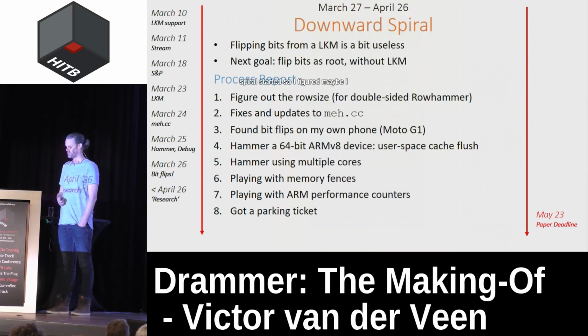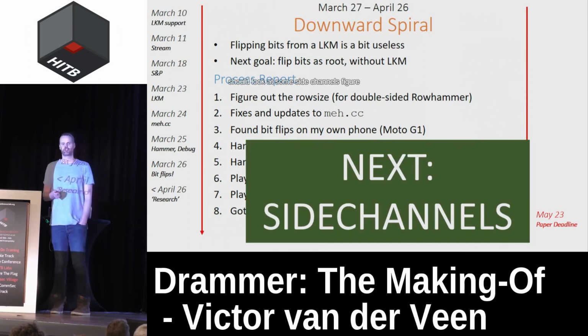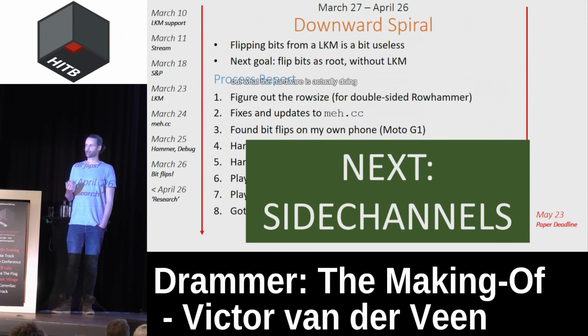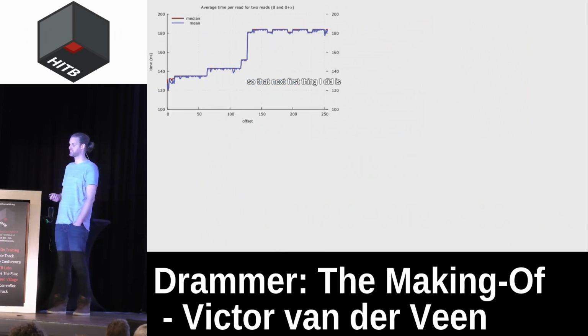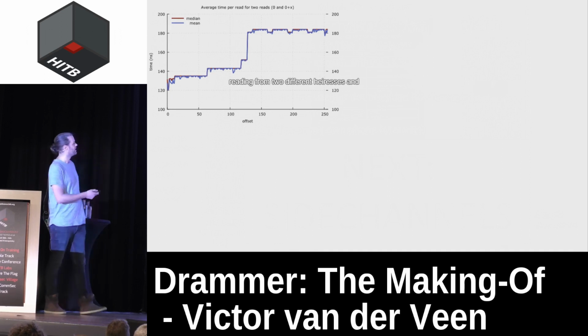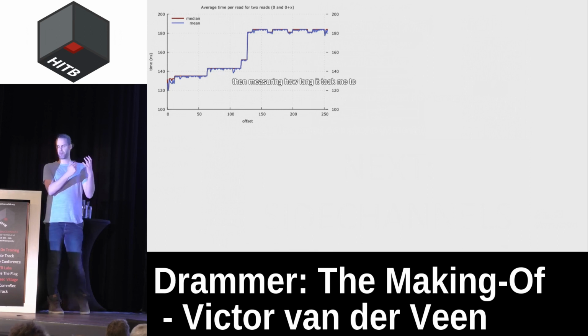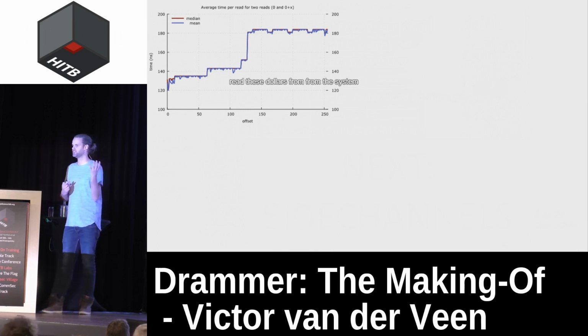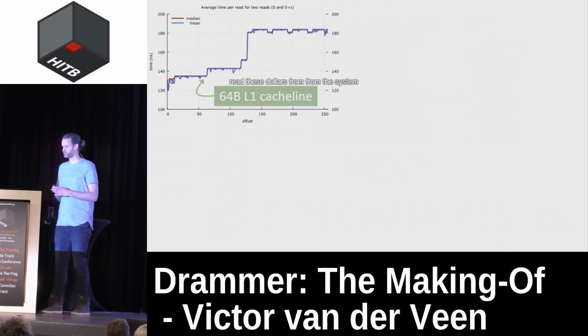Anyway, the downward spiral started. So I figured maybe I should look at some side channels, figure out what the hardware is actually doing. So that's next. First thing I did is reading from 2 different arrays and then measuring how long it took me to read these values from the system.